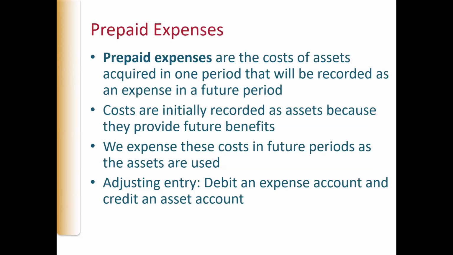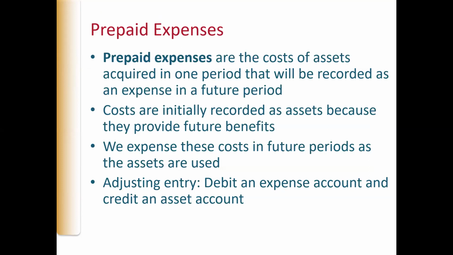The prepaid expenses for the cost of assets acquired in one period will be recorded as an expense in a future period. So these costs are initially recorded as an asset since they provide a future benefit. Look, prepaid rent, prepaid insurance, and there's also assets we depreciate that we'll talk about.